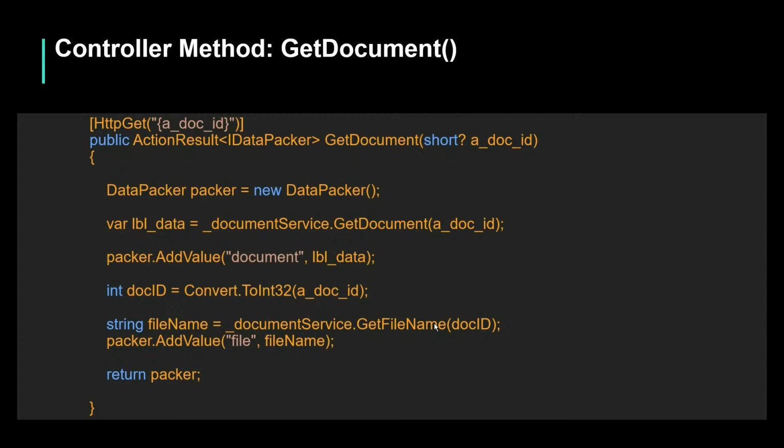I'm also getting the file name out of the system and also appending that to the data packer, and then returning that back to the client. And that's where we get both the binary data and the name of the file on the client side.